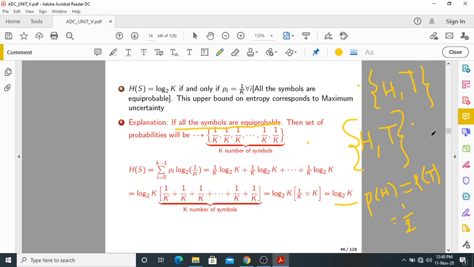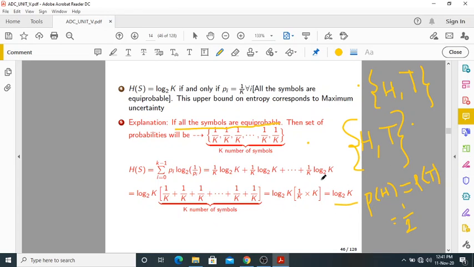There is no uncertainty, because we are sure the output will be head. We don't bother about the outcome, because it has probability one. So you try to understand these things with an example.